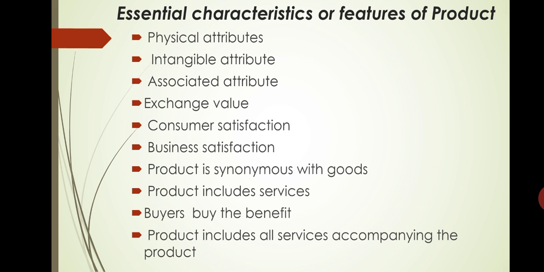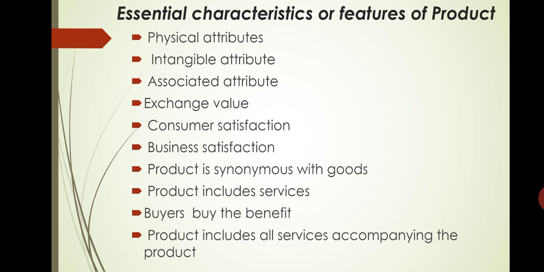So when we say Adidas, there will be easy recognition by the buyers of the product. So most of the products are sold with these attributes, that is brand name, package, warranty, credit facility or free home delivery.